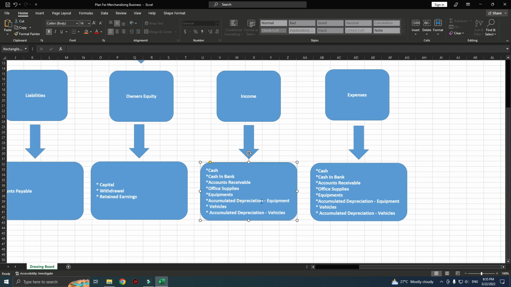And now our income is the sales. We have also contra income, which is sales returns and allowances.